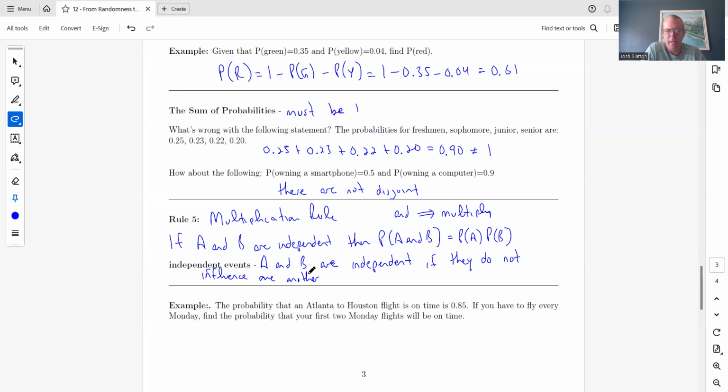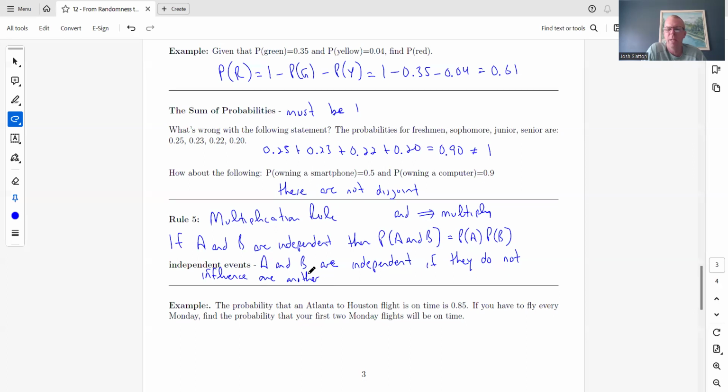For example, the probability that an Atlanta to Houston flight is on time is 0.85. If you have to fly every Monday, find the probability that your first 2 Monday flights will be on time. We can say these are independent because the probability of your second Monday flight being on time is 0.85 regardless of whether the first Monday was on time or not.